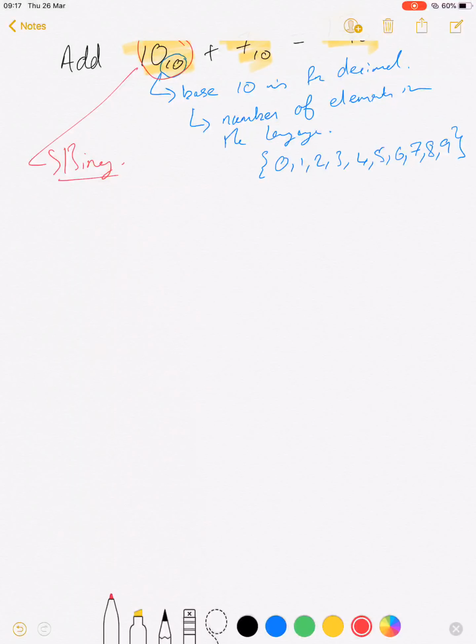When I convert 10 base 10 into a binary number, we take the number 10 and divide it by the base of the binary number system, so we divide it by 2, and we get 5. Now we note the remainder, which is 0.